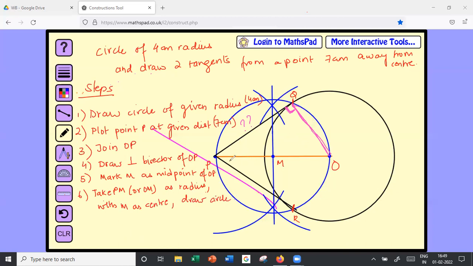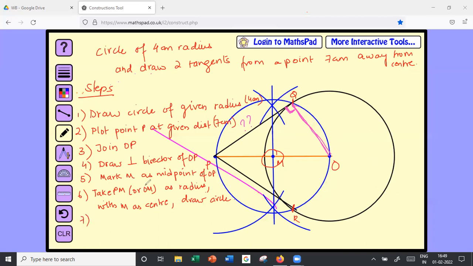This whole procedure of bisecting OP is so that you get the center of the circle. Once you understand why we are doing a particular step, you'll understand that, okay, ये next step होगा. We are doing all this just to get the center of the circle, so that you get the points.